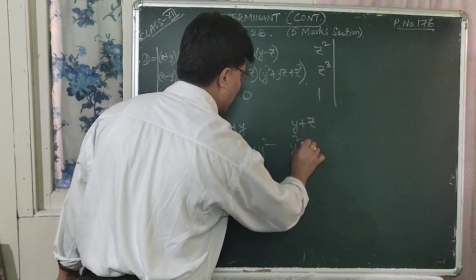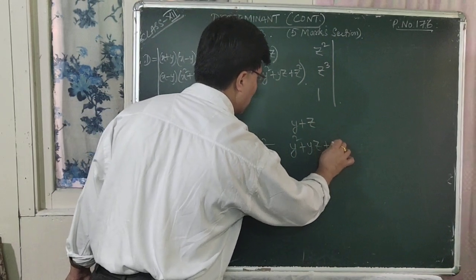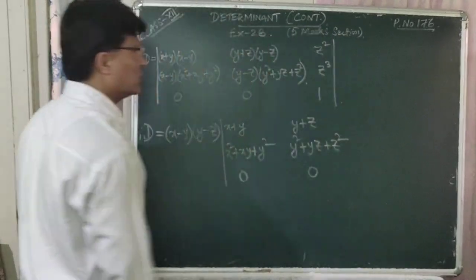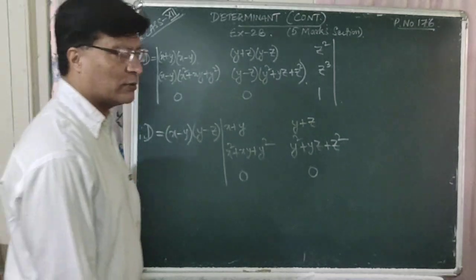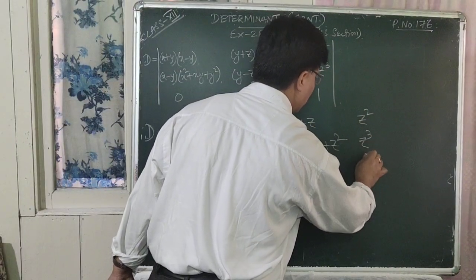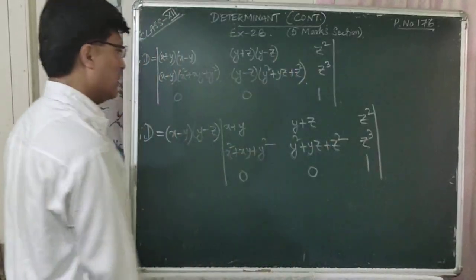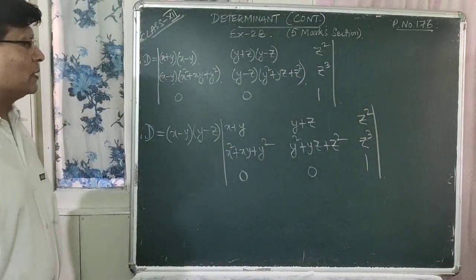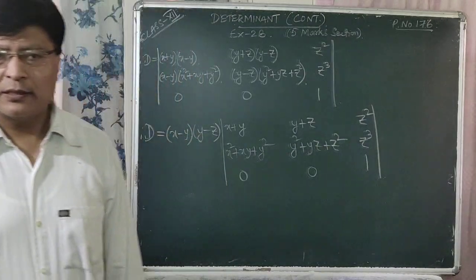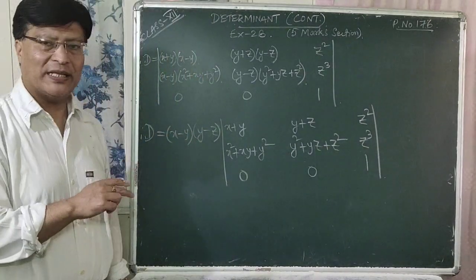This is y square plus yz plus z square, and this is your 0. So now third column is z square, z cube, and 1.